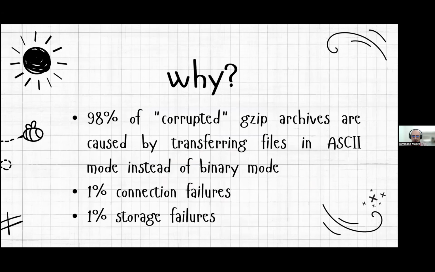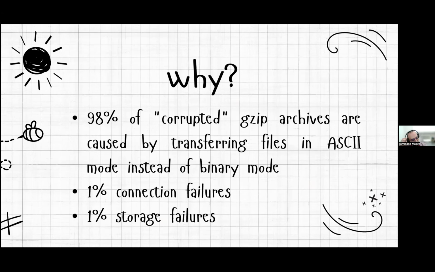So why does this happen? Most of the time, a FASTQ file that is gzipped, so a compressed FASTQ file, because this is the point of the pipeline, is corrupted because of a problem while transferring these files. Sometimes when you transfer this file, you select an ASCII mode instead of a binary mode.